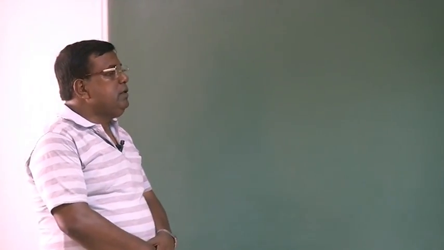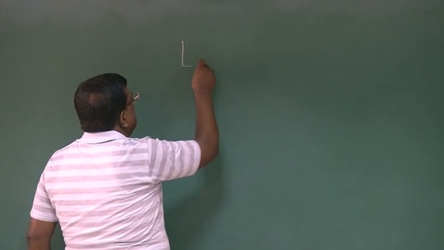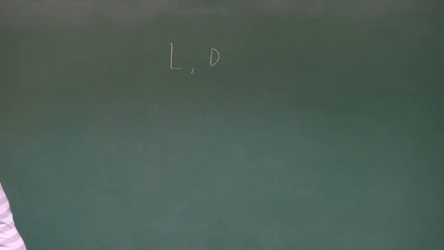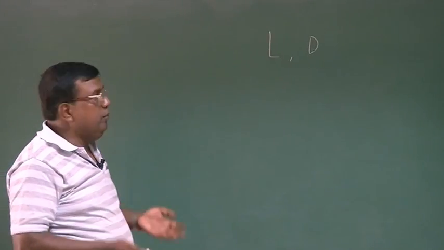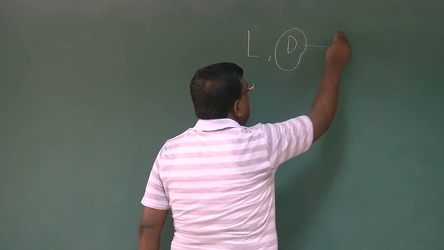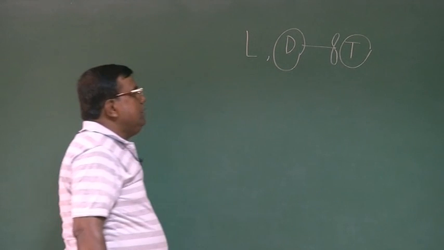So far we were discussing lift and drag, and we realized that lift is required to hold the weight, and for drag we realized that we need to put in an engine and generate sufficient thrust.